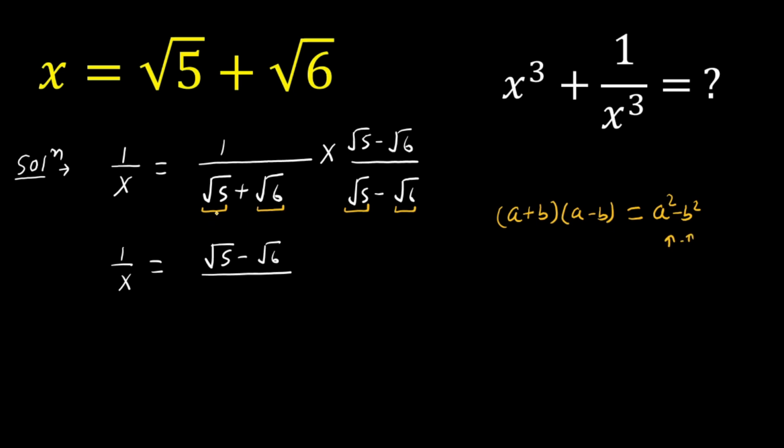And the value of a is square root of 5 and the value of b is square root of 6. So in the denominator, square root of 5 squared minus square root of 6 squared.